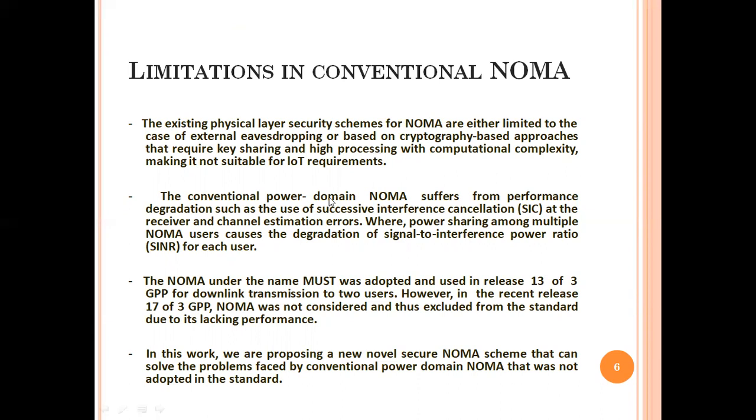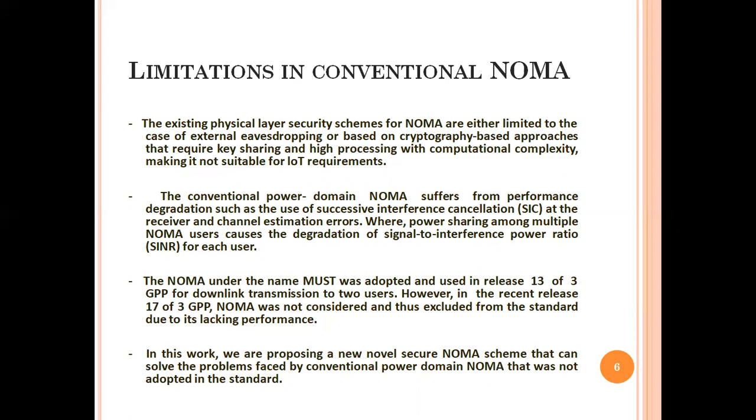The conventional NOMA is most popularly known as the power domain NOMA, which suffers from performance degradation such as successive interference cancellation, channel estimation errors, and SINR, signal to interference plus noise ratio. I will be talking in detail about this second point in the upcoming slide, so don't worry about these new terms such as successive interference cancellation.